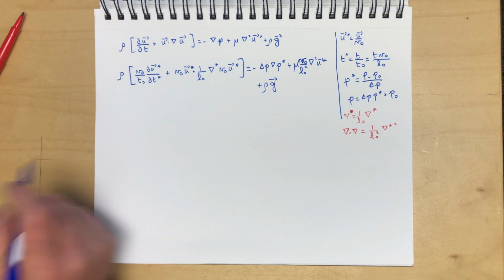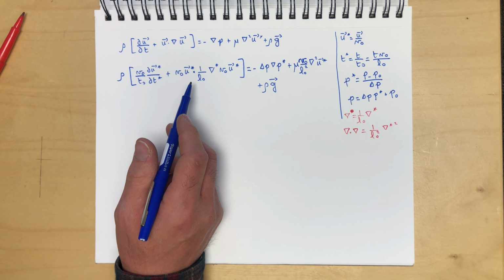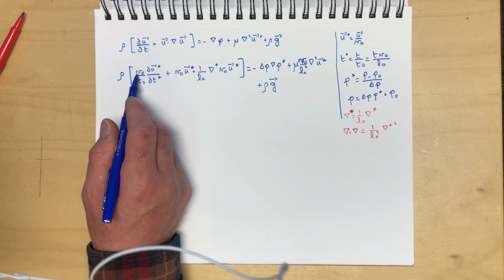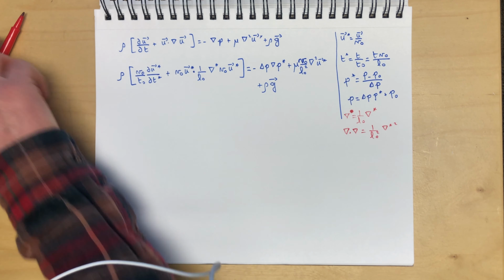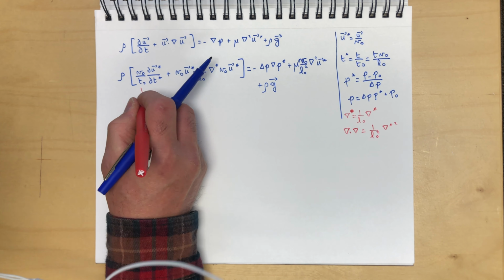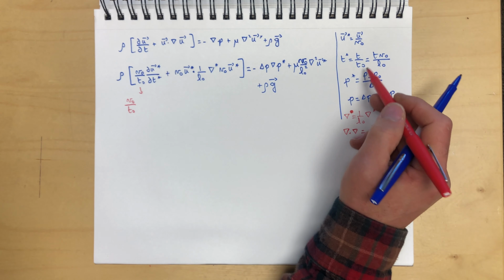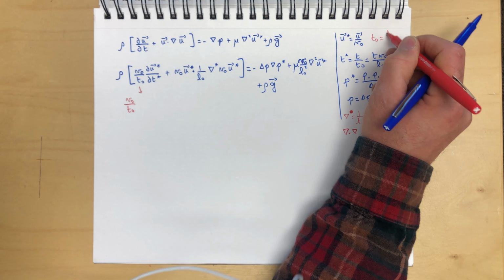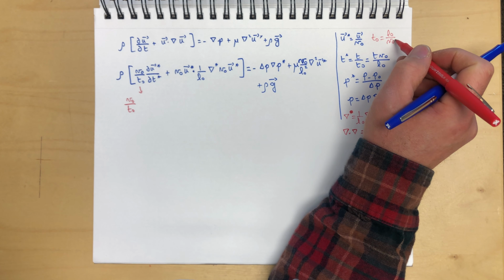So now let's clean up some terms, collect some terms as needed. We notice here that we have V0 over T0, but remember T0 was equal to L0 over V0, so it gives us seconds.